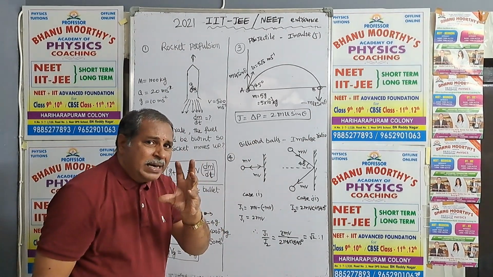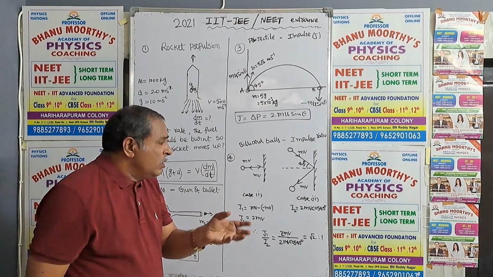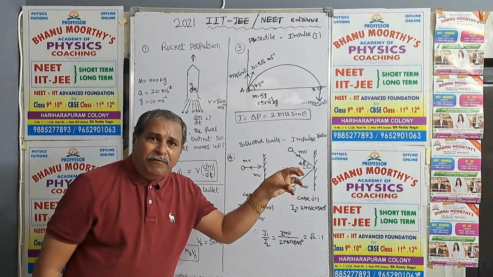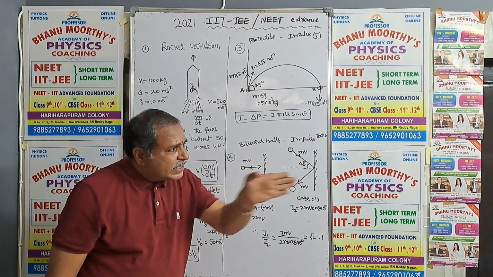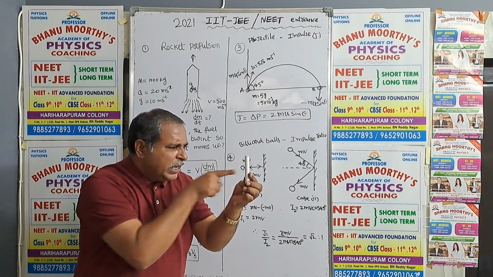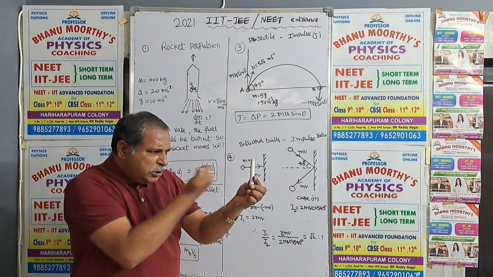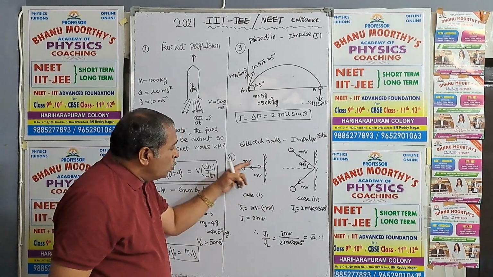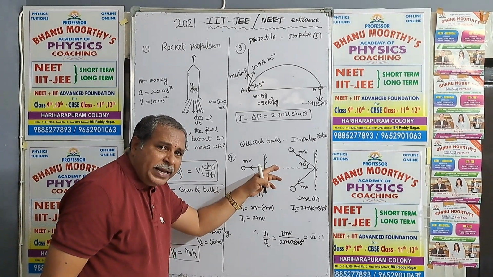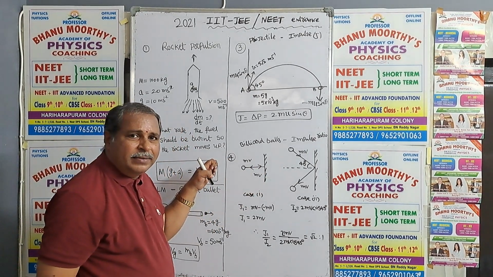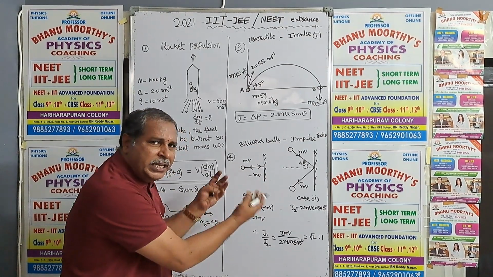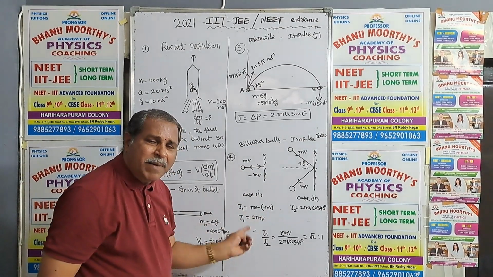A ball of mass, billiard ball, whatever it may be, of mass m moves with the velocity v horizontally and strikes a vertical wall normally and comes back with same speed. What is the change in momentum? This is mv, this is minus mv, change is nothing but 2mv, minus of minus.